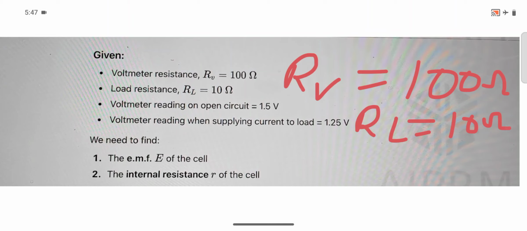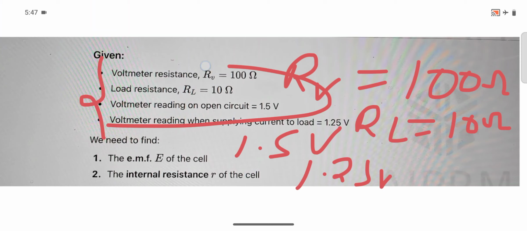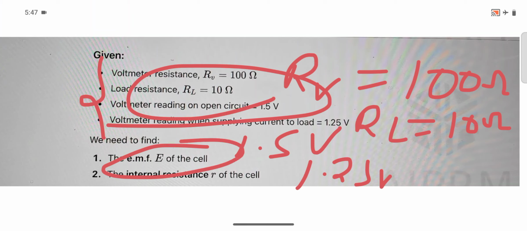Voltmeter reading on open circuit is 1.5 volt. Voltmeter reading when supplying current to the load is 1.25 volt. These are the data given in the question. Now we have to calculate the EMF of the cell and the internal resistance, denoted by a small r, of the cell.